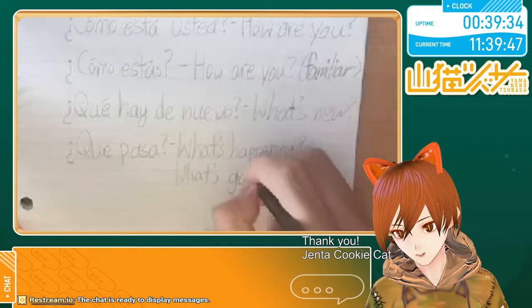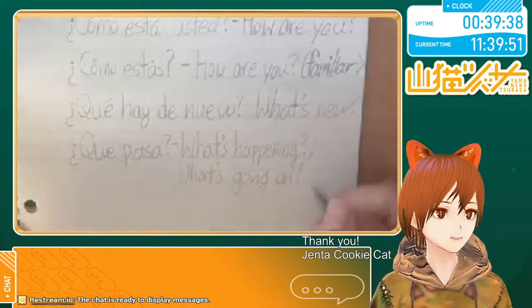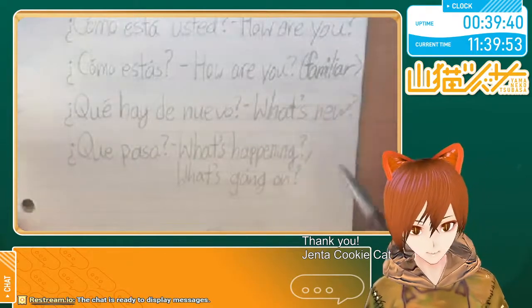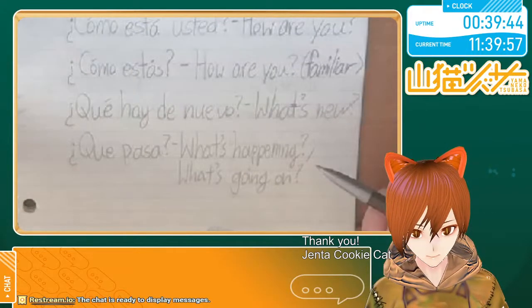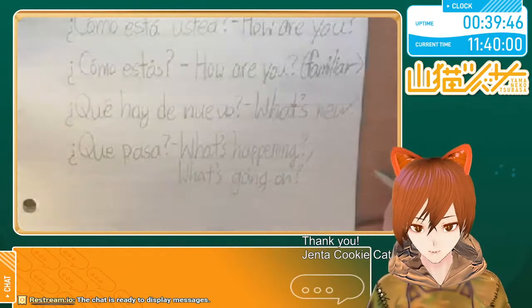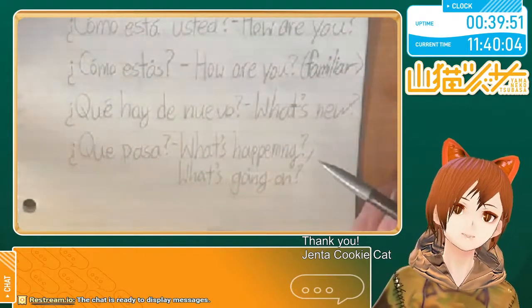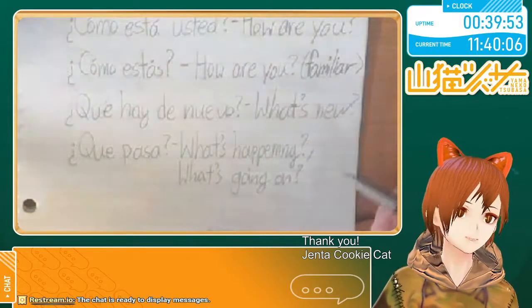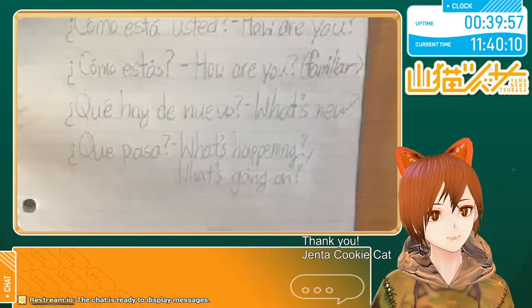These two phrases in English are kind of the meaning of ¿Qué pasa? You'll ask ¿Qué pasa? when you notice something's happening, so you see a group of people huddled up perhaps on the sidewalk, and you're like, ¿Qué pasa? What's happening? What's going on? You're out of the loop. You want to know ¿Qué pasa?